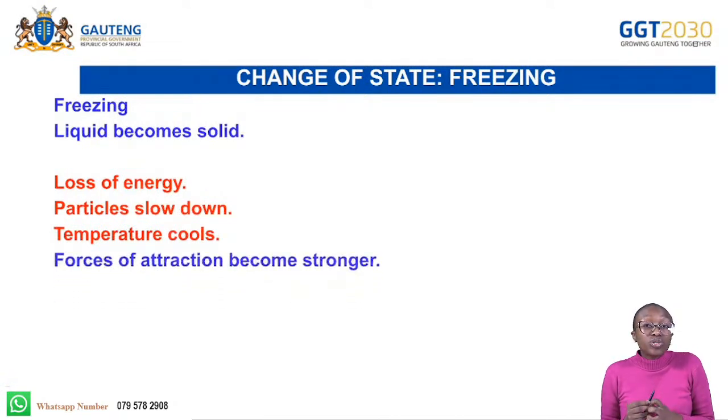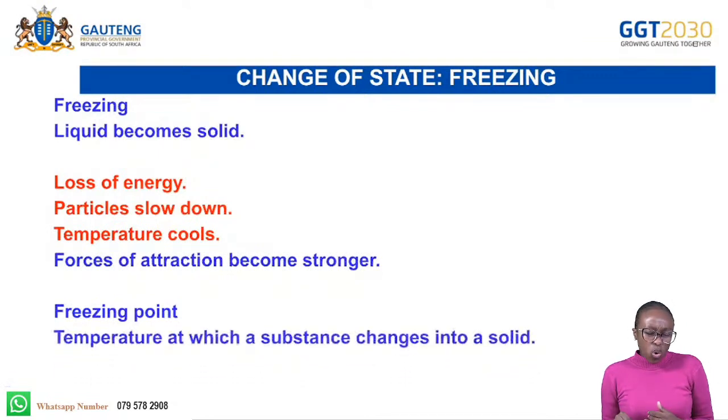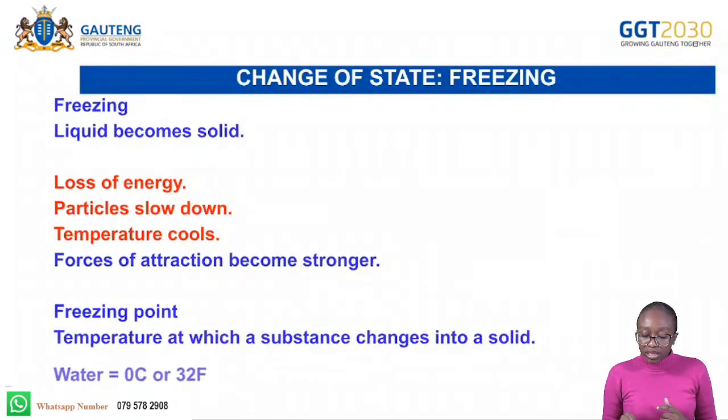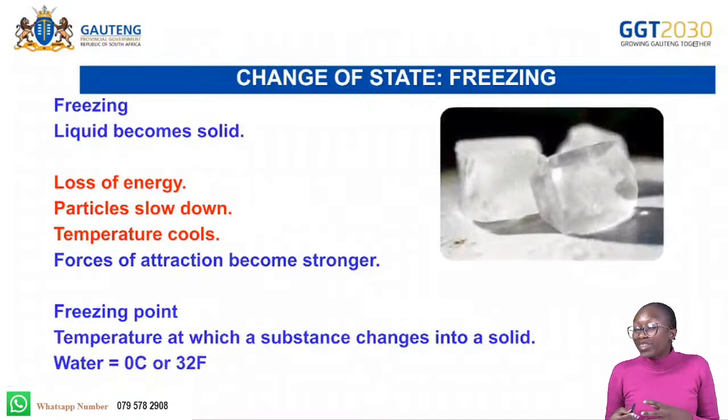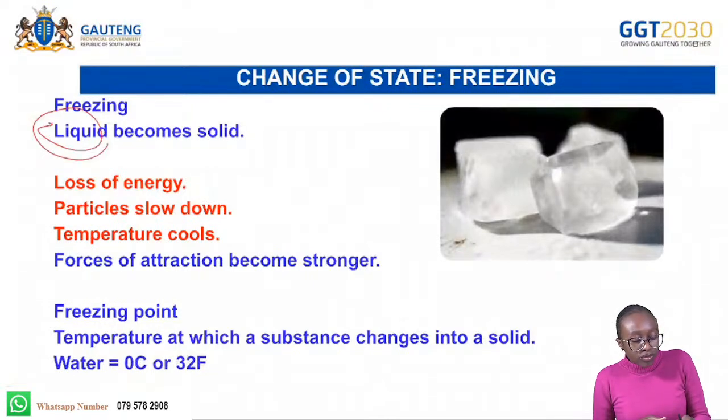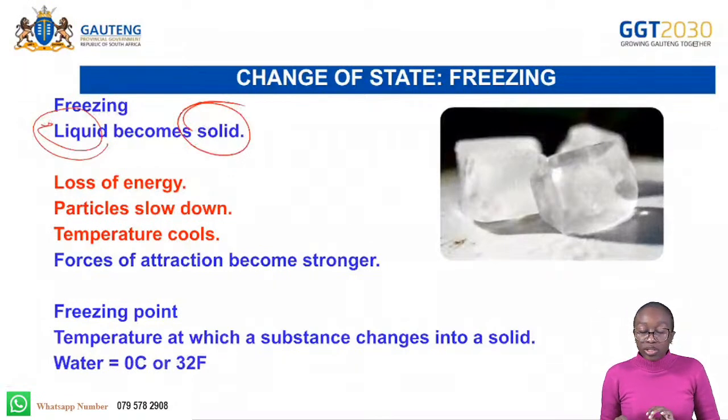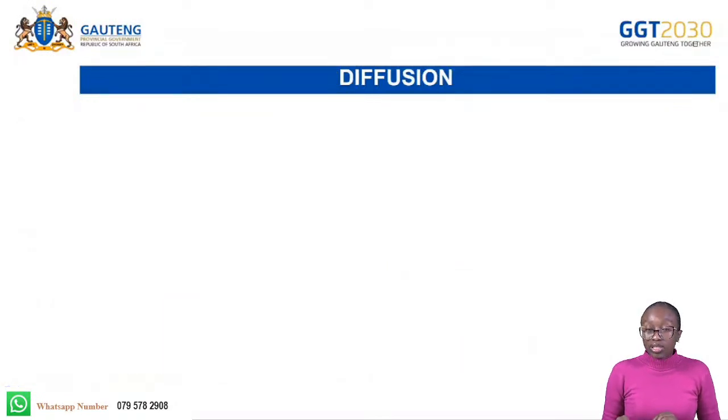Forces of attraction between the particles become stronger, so the spaces between the particles reduce and the substance reaches what is called a freezing point, the temperature at which the substance becomes a solid, when water becomes ice, when a substance changes from its liquid form to a solid state.